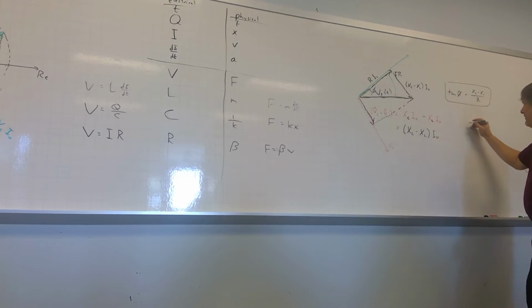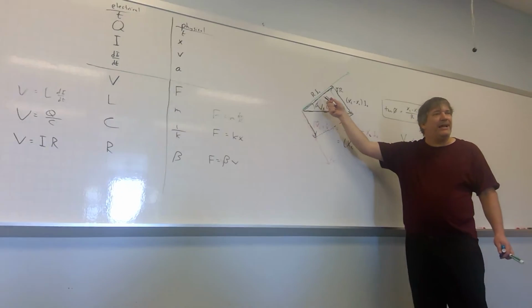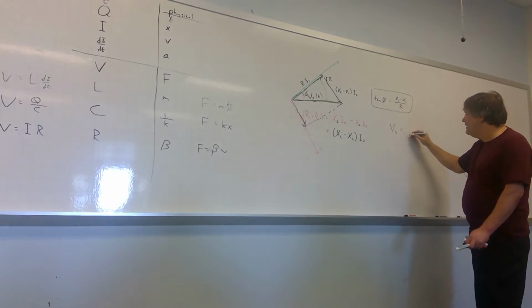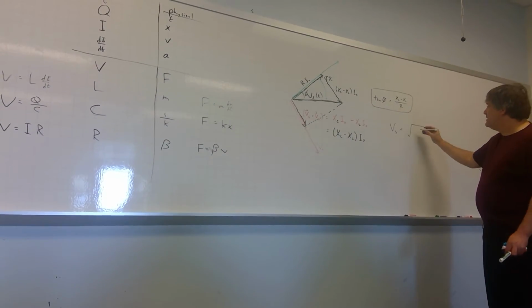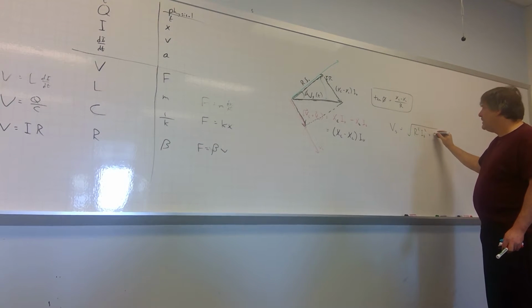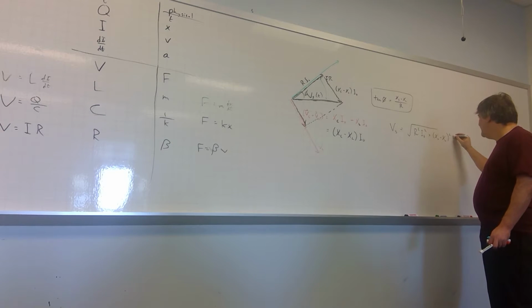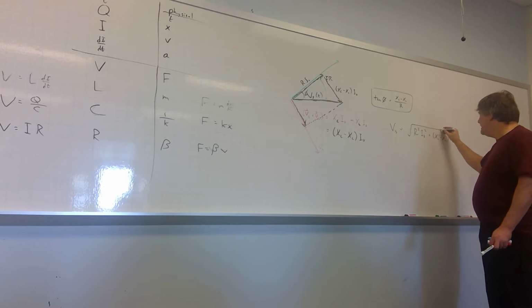What's the length of that V source vector? The Pythagorean theorem tells me it's the square root of that black vector squared plus that black vector squared. So it's the square root of R squared I naught squared plus (XC minus XL) squared I naught squared.